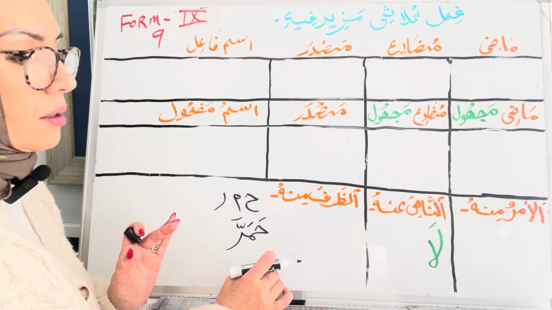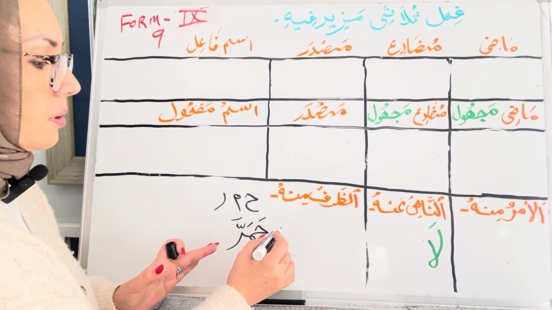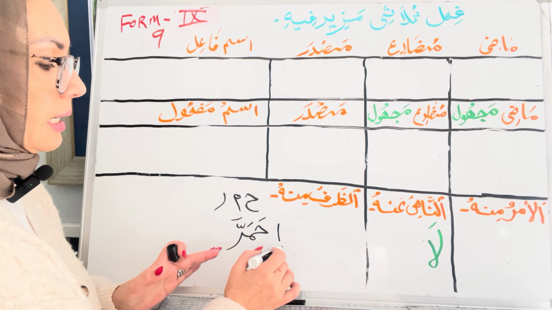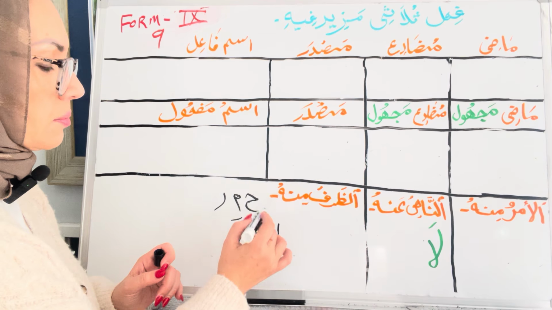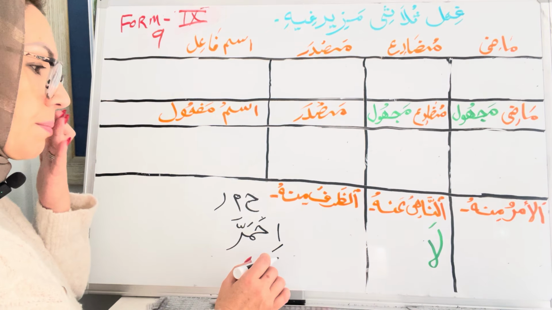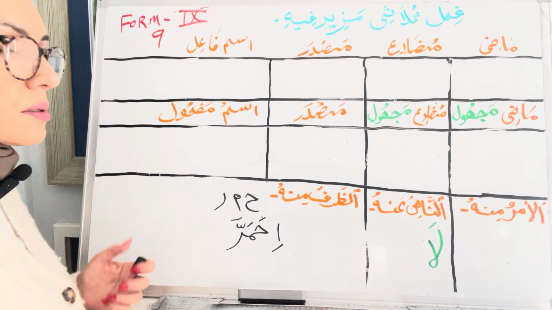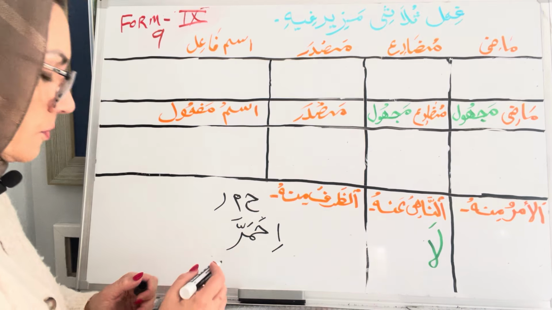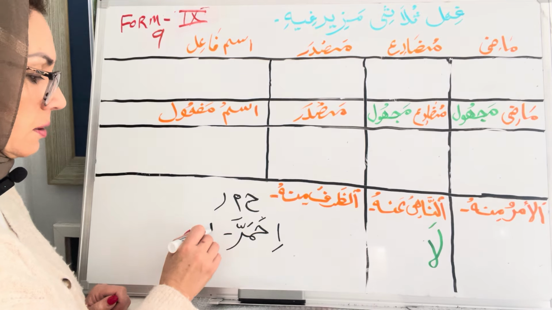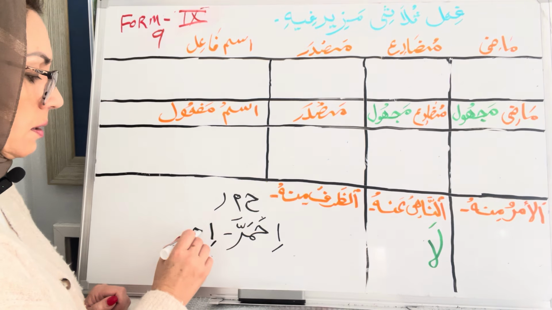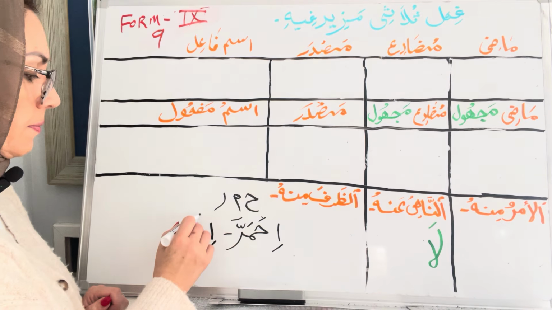And then what's added here, the alif is added here. And of course, when you do that, then this becomes a sukun. So it becomes ihmarra. And that means it's a color, like red. So how we write it would be, let me just write it here. Ihmarra.